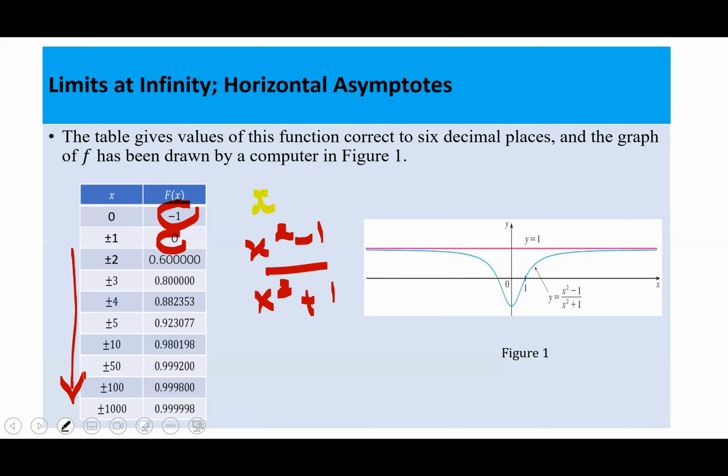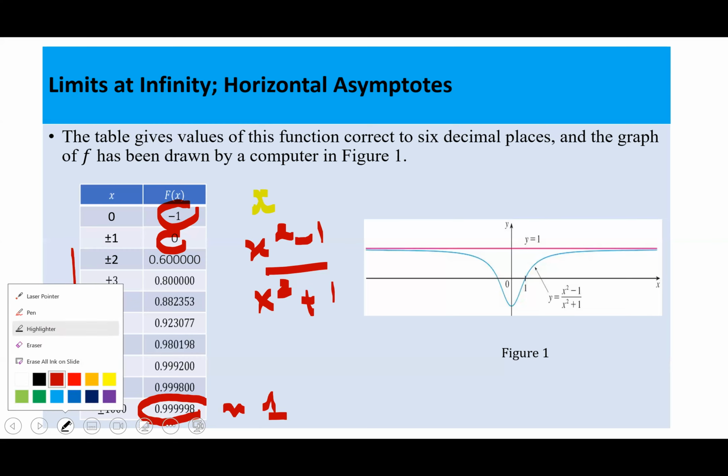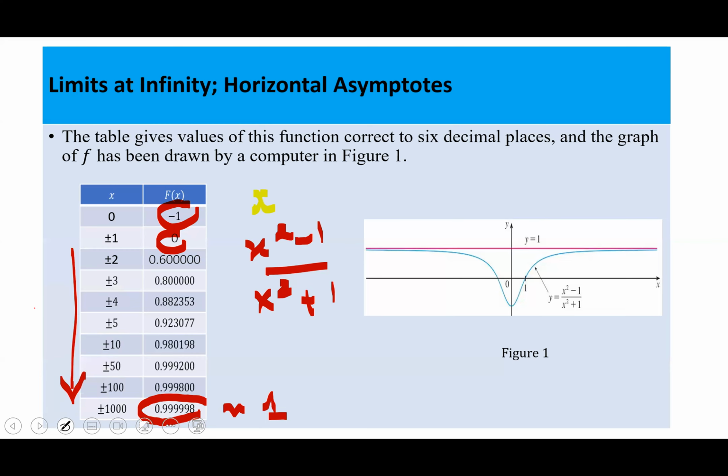It means whether you approach infinity by setting x equal to 1,000, for example, or minus infinity, in both cases we will find that it is approaching 1. So we conjecture here that the limit equals 1, and we will see by the rules that this can also be calculated to be equal to 1.